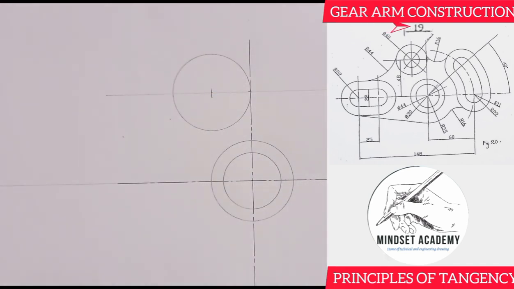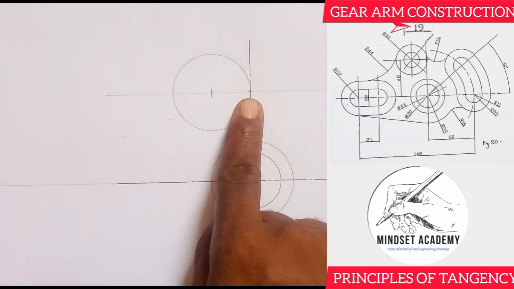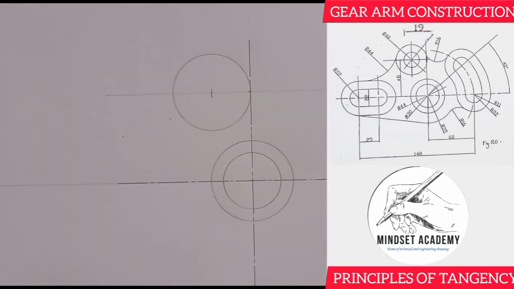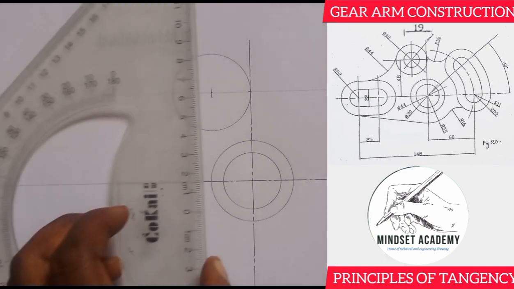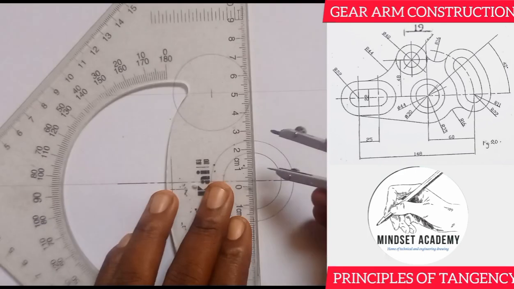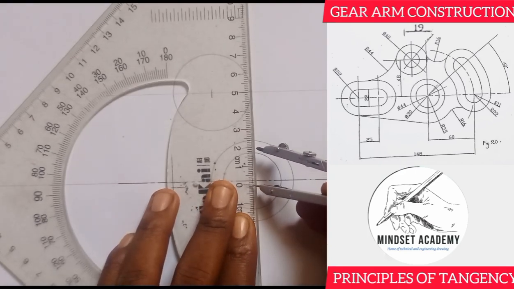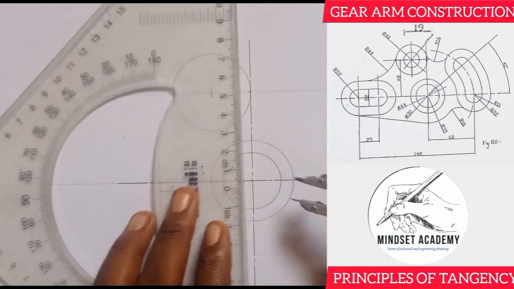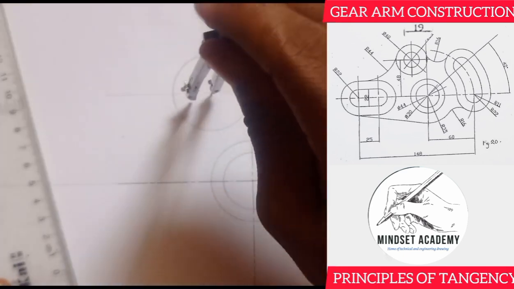Don't forget that. Then you draw this circle. Now the next one is the inner circle, which has a radius of 10. So I'll take my meter rule and measure 10. This is 10 here because the diameter is 20, and I'll place it here. I'll draw this.